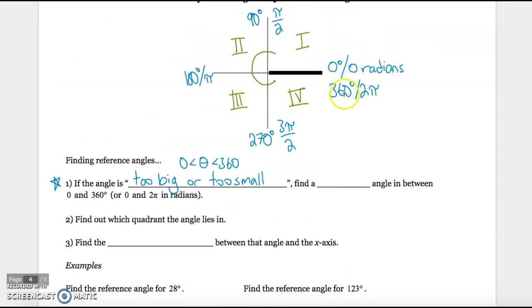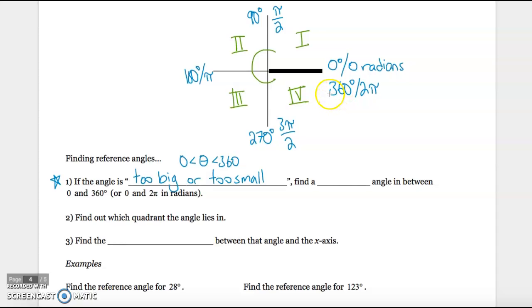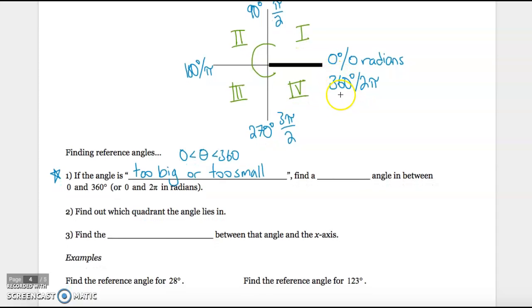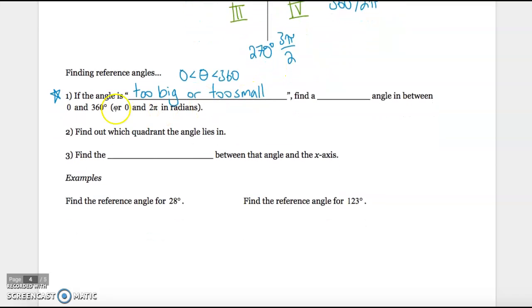So if we have an angle that's like 924, or if we have an angle that's negative, like -10, those angles would be considered too big or too small to do anything with. And so what you would have to do first is find a coterminal angle. We learned about those previously. A coterminal angle that fits between 0 and 360 degrees, or between 0 and 2 pi.